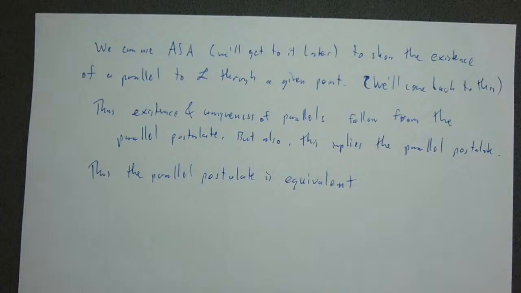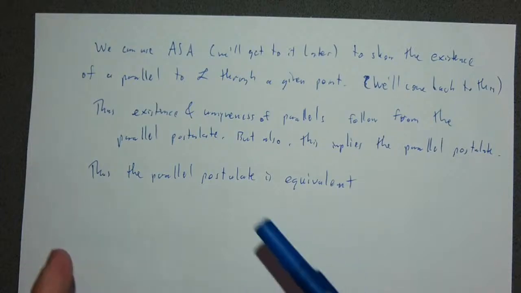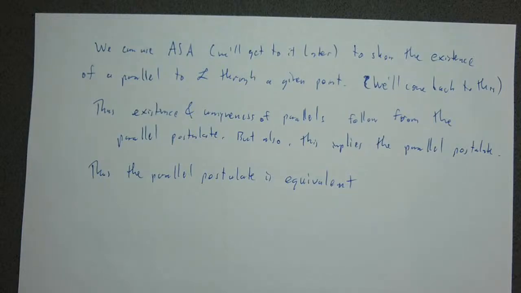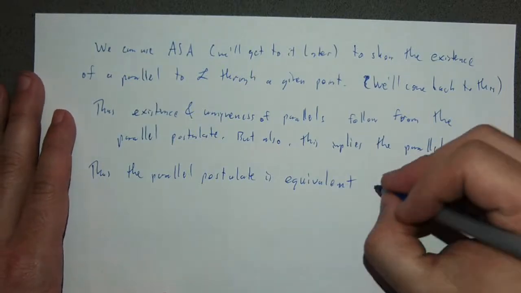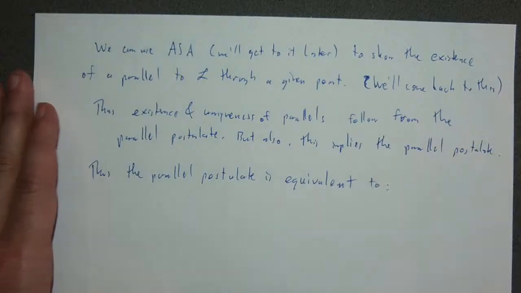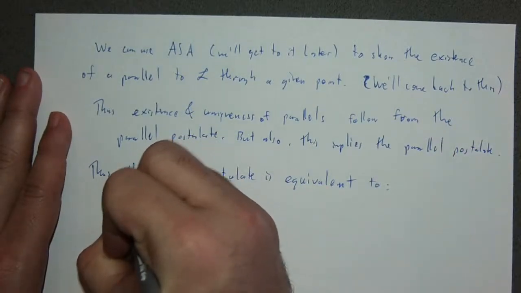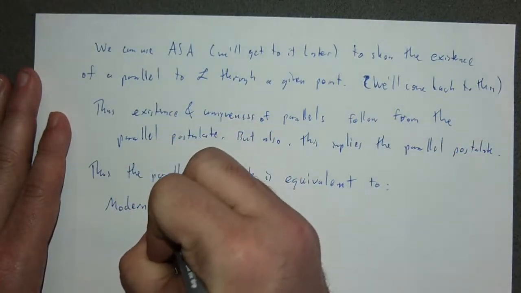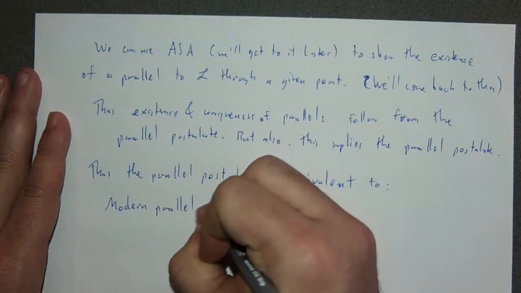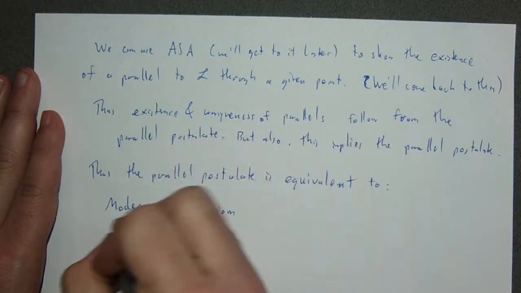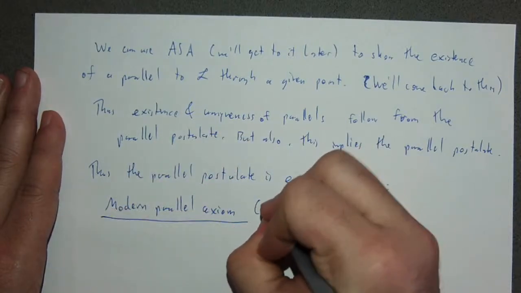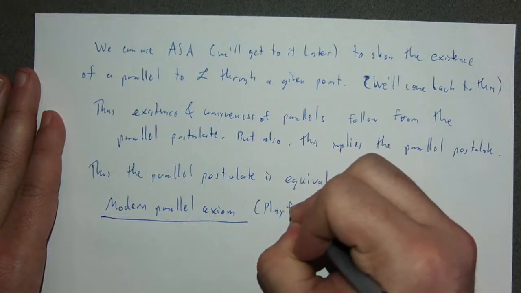So whether you use the parallel postulate as I wrote it before, or whether you use this fact I'm about to write, you get the same resulting geometry. So thus the parallel postulate is equivalent to the modern parallel axiom, which is also called Playfair's axiom.